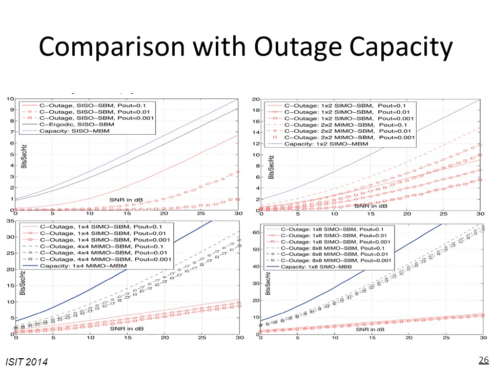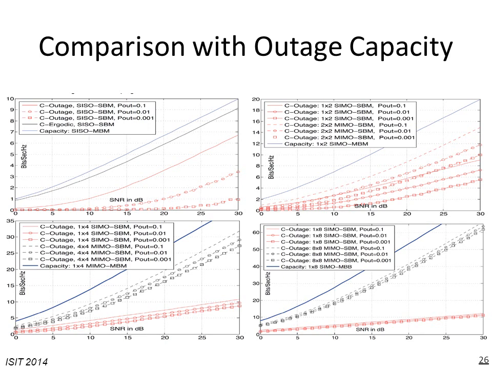To continue with the numerical results, here I have some comparisons in terms of the outage capacity, comparing a legacy system, shown here by the acronym SBM, standing for source-based modulation, versus a media-based modulation, shown by the acronym MBM. The curves correspond to the outage capacity for different probabilities of outage.